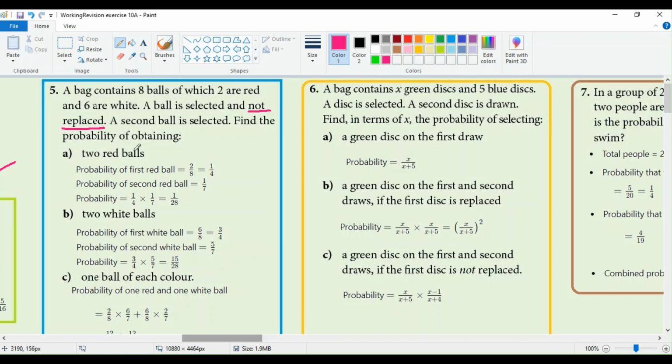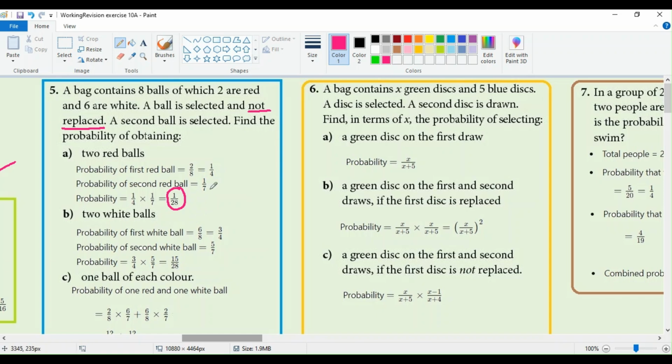First of all, the probability of the first red ball is 2 out of 8, which is going to be 1 over 4. Next, the probability of the second red ball is 1 over 7, because there are 2 red balls, one is already taken out, so the probability is 1 out of 7. So 1 over 7 multiplied by 1 over 4 is going to give us 1 over 28 as the final answer for this part of the question.